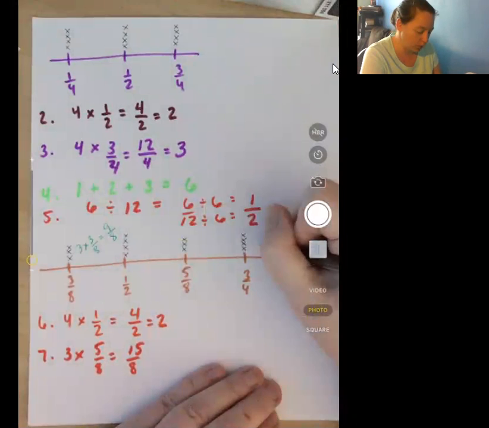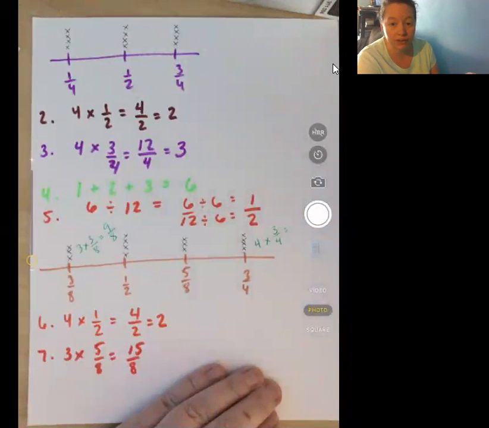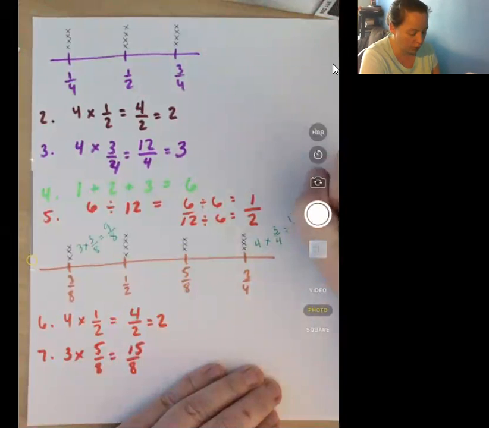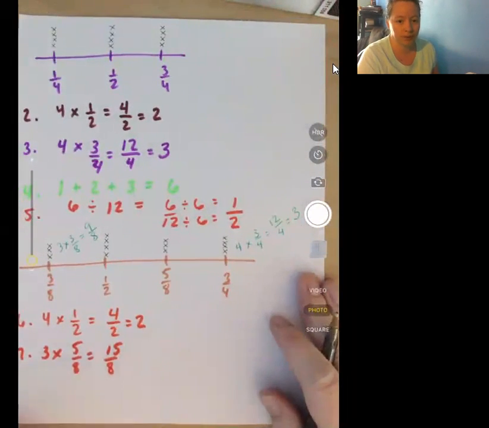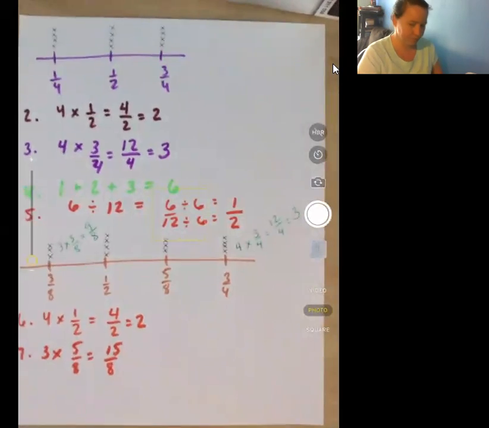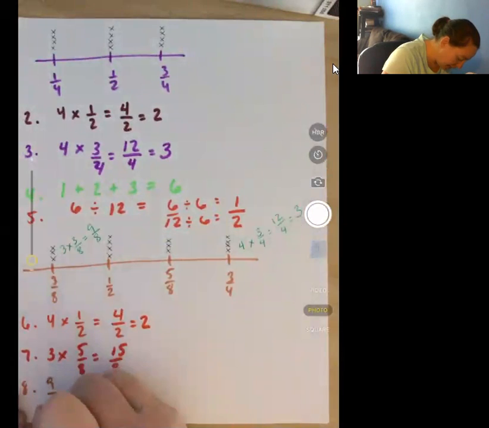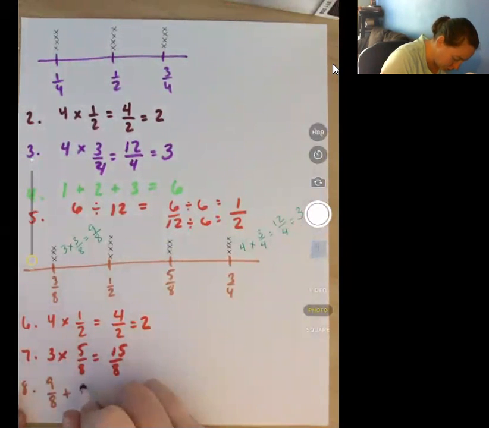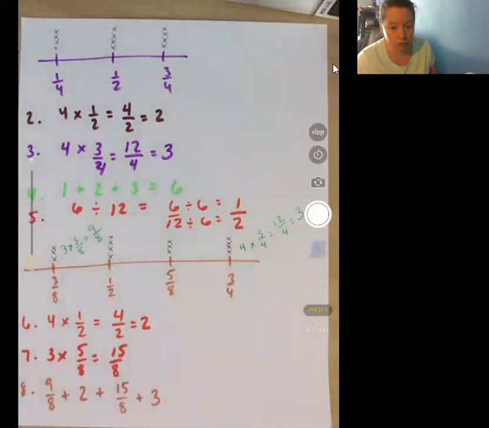And then over here we have 1, 2, 3, 4 times the 3/4. 4 times 3 is equal to 12 over 4. What is 12 divided by 4? 3. So our totals for number 8 are 9/8 plus 2 plus 15/8 plus 3. Those are our totals, okay?